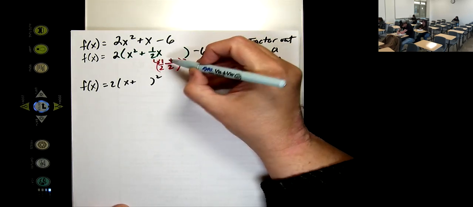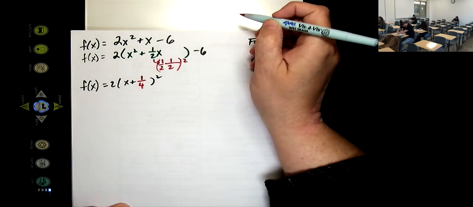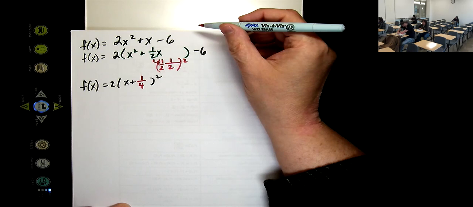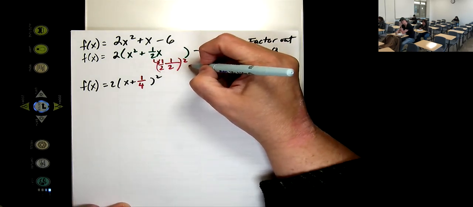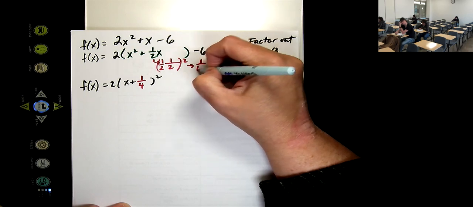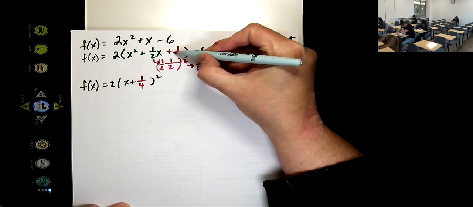So 1/2 times 1/2 is 1/4. That's the value that goes in here. If I square 1/4, I get 1/16. So I am adding 1/16 inside this parenthesis.